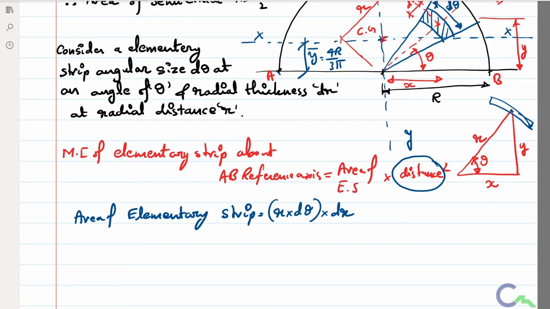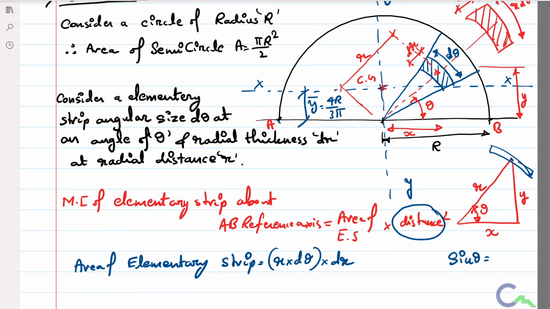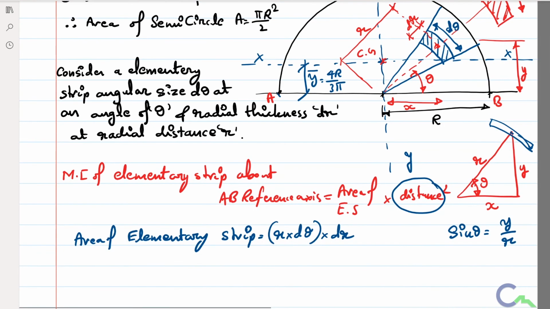This distance I am calculating for the moment of inertia about the AB reference axis, that is here, from that to the centroid of the elementary strip, that is the y distance. So if I want to calculate the y distance, I will take sine theta is equal to opposite divided by hypotenuse. Therefore y is equal to r sine theta.